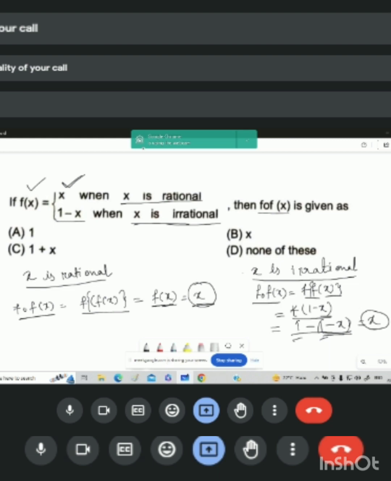So f compose f(x) equals x when x is irrational. So either x is rational or irrational, f compose f(x) is always x. B is the correct option.